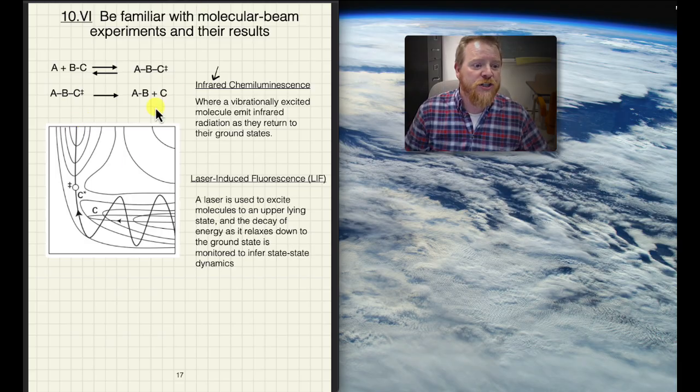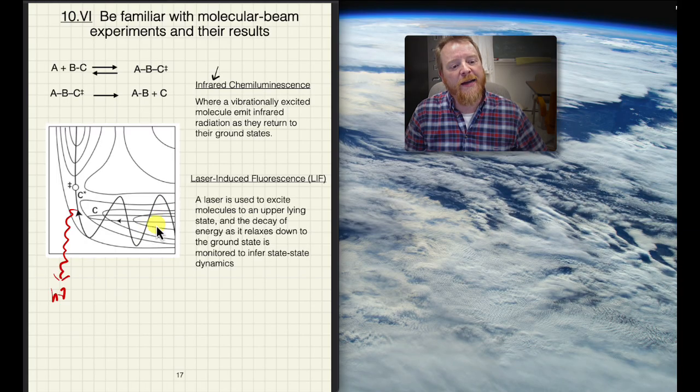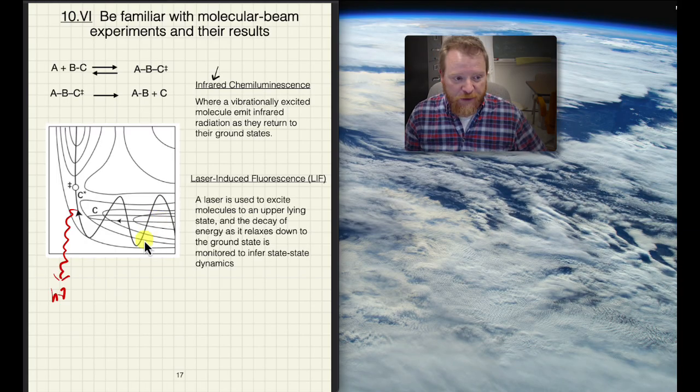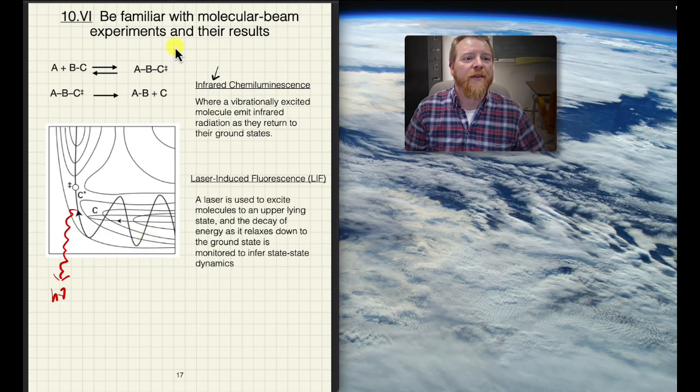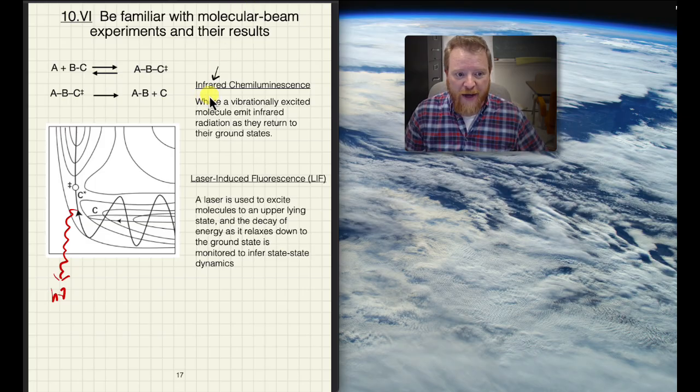So that energy will be emitted in the form of light. And because of E equals h nu, because we're talking about vibrational states here, the type of light that would be emitted would be infrared.